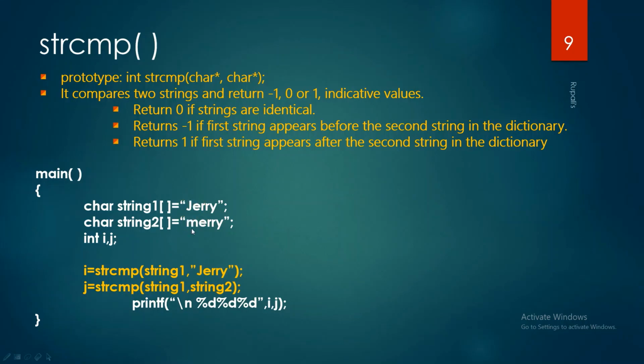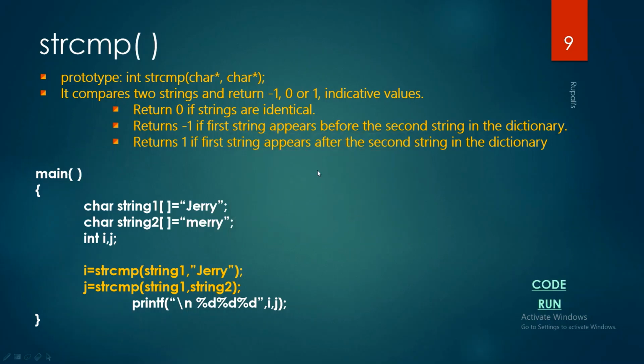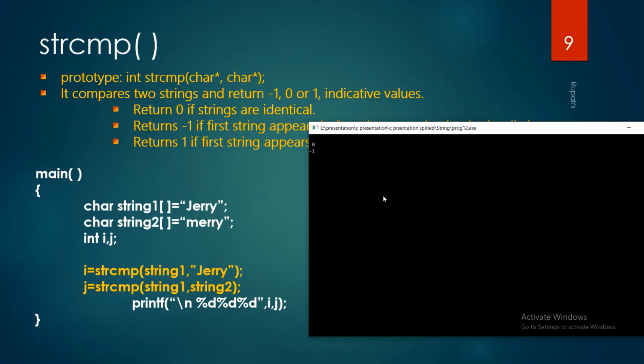Alphabetically, which one comes first? J and M. J comes first, before M. So it is the second case and returns -1. So see, first Jerry and Jerry gives 0, then Jerry and Mary: J comes before M alphabetically, so it gives -1.